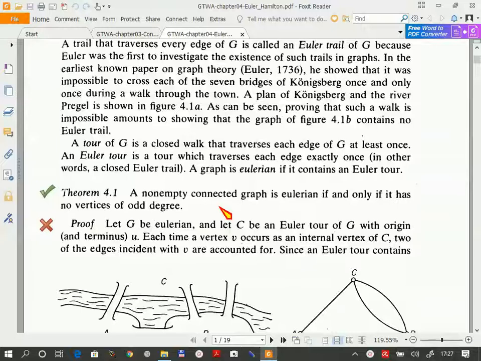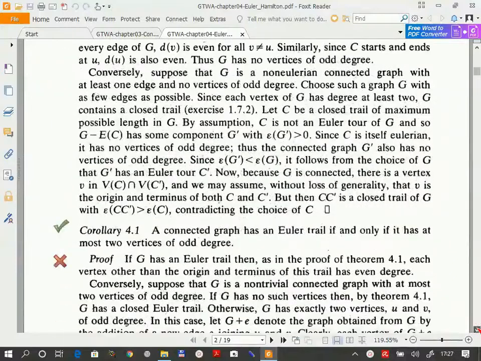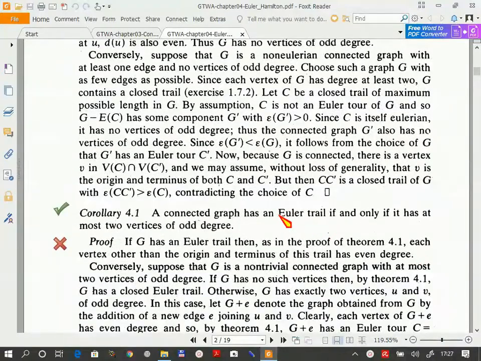Again, one implication is easy, and the other is a bit less easy, but the main idea is actually this. A connected graph has an Euler trail if and only if it has at most 2 vertices of odd degree.